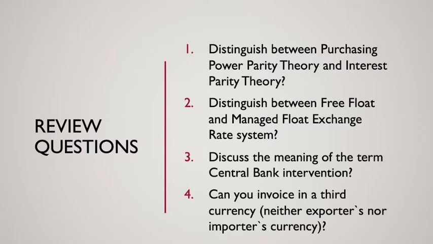For the interest rate parity theory, I feel it's better to explain it with the example in the PowerPoint: if the interest rate in the US is 6% and in the euro area is 4%, basically the value of the USD should fall about 2% against the euro.